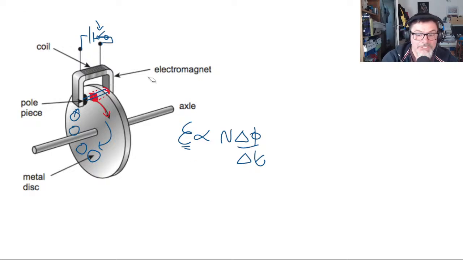We know Lenz's law tells us that the EMF will act to oppose the change that created it. So what's the change that created it? Well, it's the spinning of the disc. Without the disc spinning, there wouldn't be any change of flux. The little red bit of metal would just sit in a constant flux. So think of it as the turning of the disc that's creating the change.